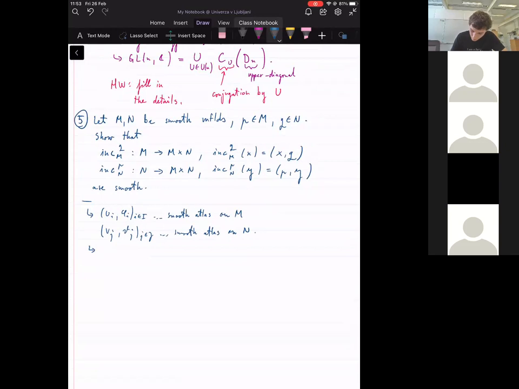First of all, we are obviously going to do this only for one of the above maps; the other one is similar. So we have M going into M times N, and here we have ins_{M,q}.